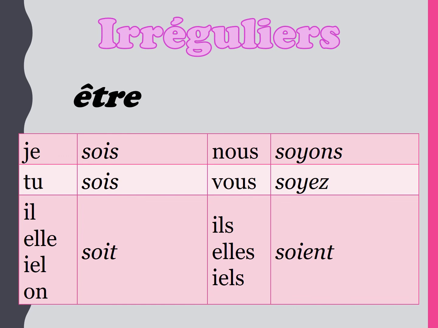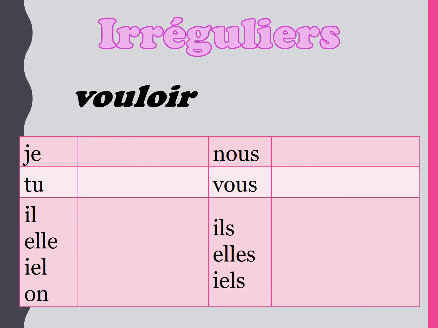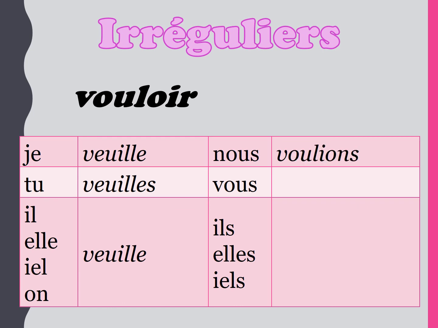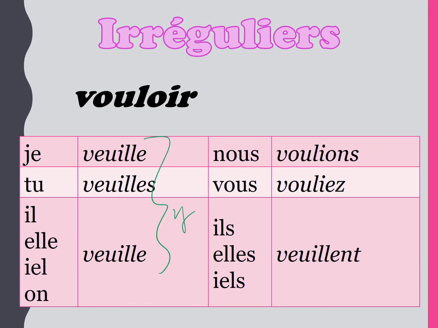The subjunctive, the present subjunctive, is also the command form, the imperative form for these irregular verbs. Vouloir, je veuille, tu veuilles, il, elle, on veuille, nous voulions, vous vouliez, ils, elles veuillent. And again, it is a y sound in that double L, but in the nous and vous, it's an L.